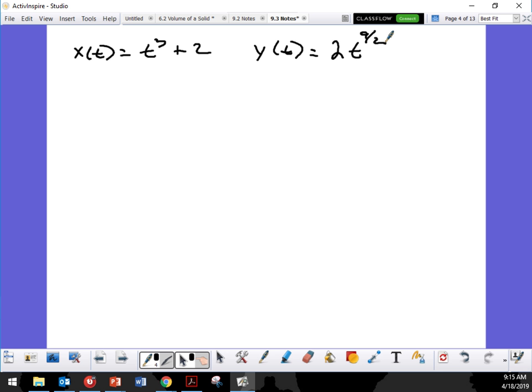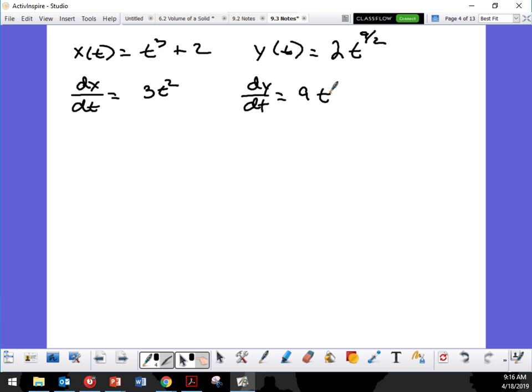All right, let's find my derivatives. dx/dt is going to be 3t squared. dy/dt is 9t to the, I'm taking away 2 over 2, right?